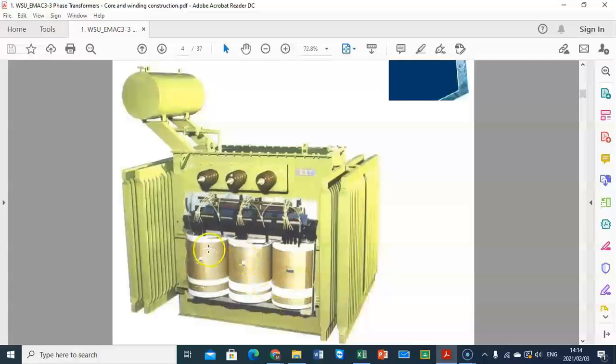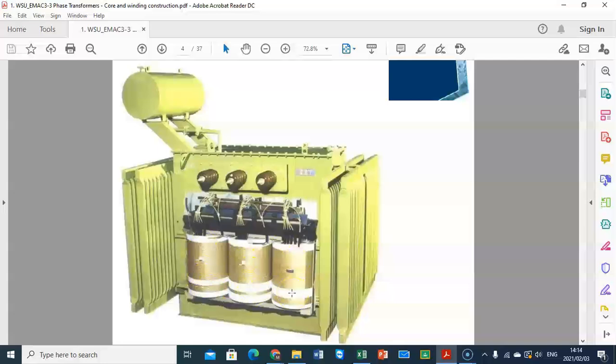In one of them the low voltage winding will be wound inside, and the high voltage is going to be on top of that. And then we have also the pancake winding, which we will go through in the next slides. But here as you can see, 3 cores of the 3-phase transformer.